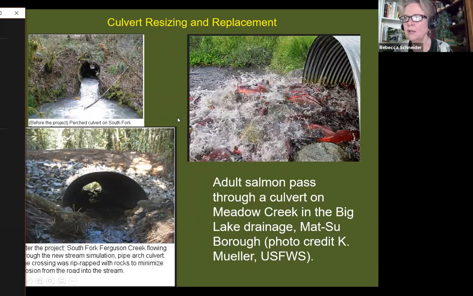And so here's an example on the left of the screen of a perch culvert in the South Fork of a river that was then replaced with a bigger, wider culvert where water could flow through the stream all the time.